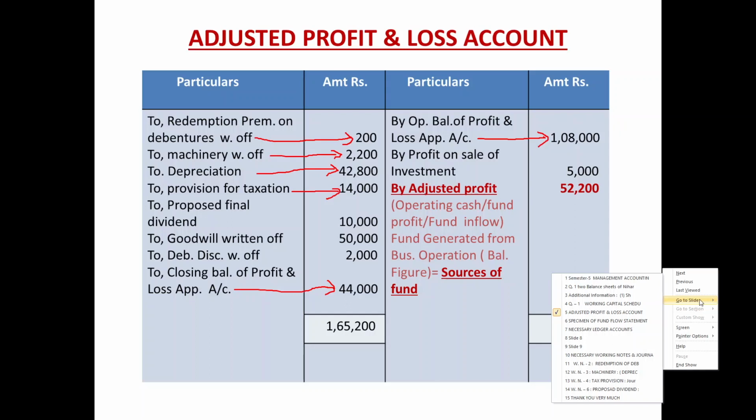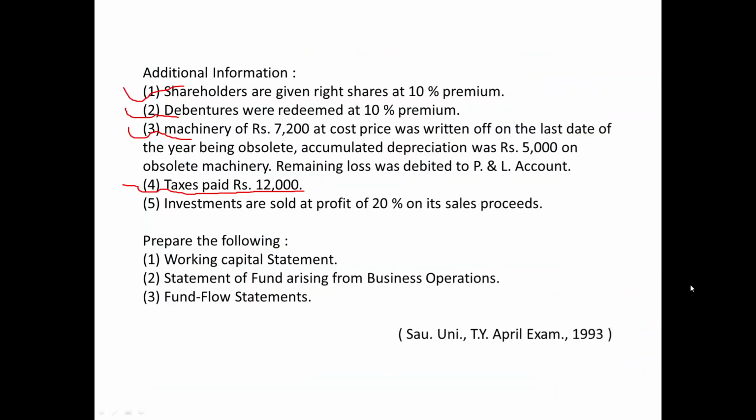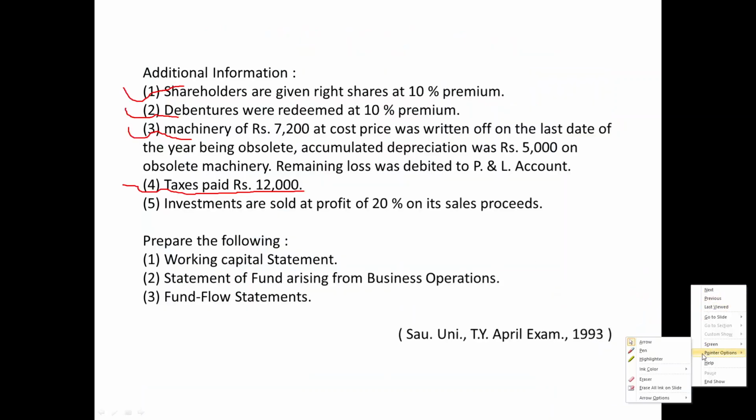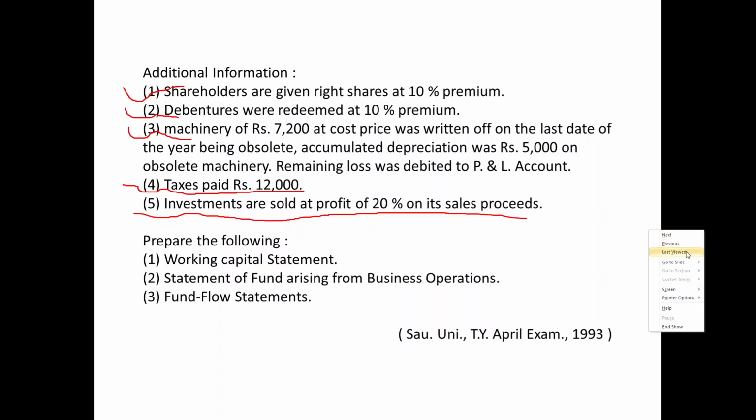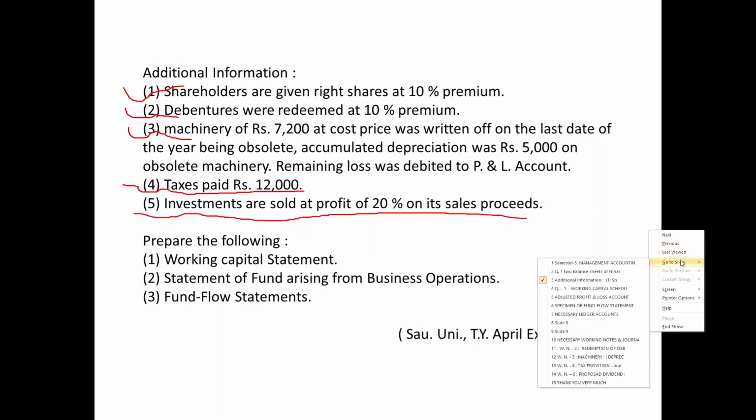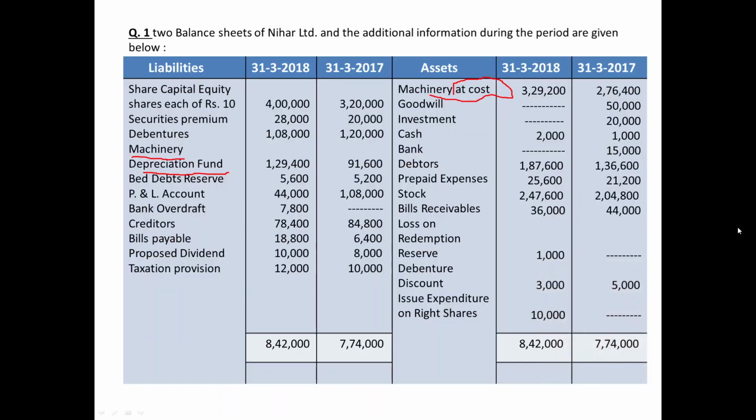Let us verify the additional information once again for the remaining point of the question. Only last point is there. Point number 5. I am reading it. Investments are sold at a profit of 20% on its selling price. Investment are sold at a profit of rupees 20,000. Let us verify the balance sheet.